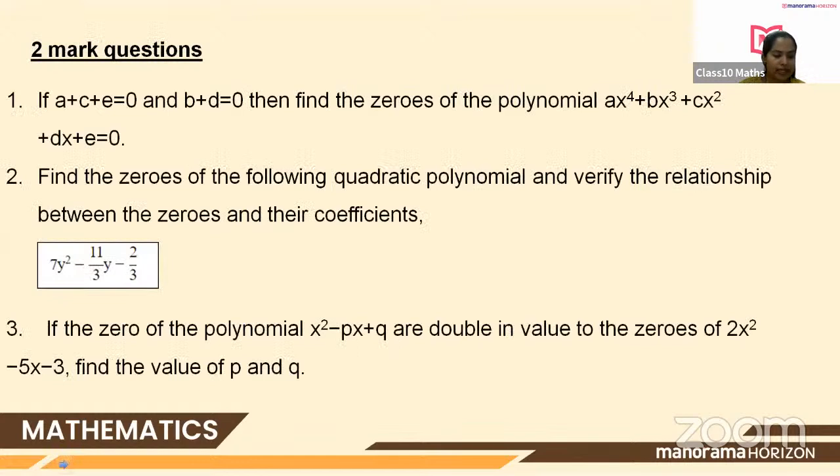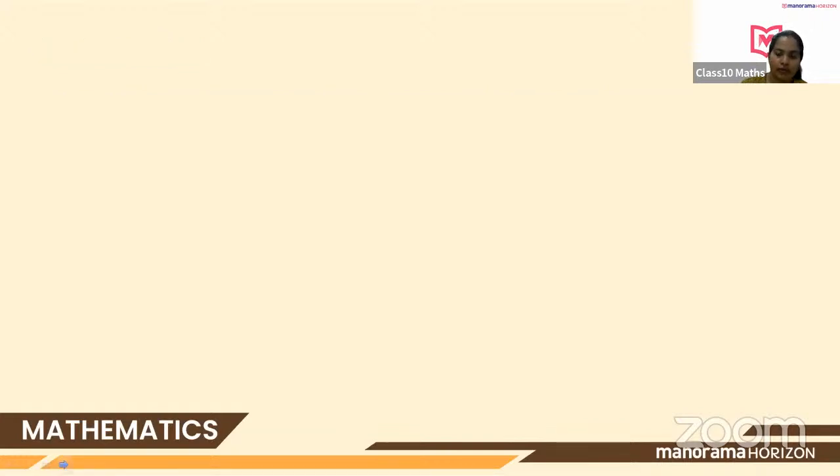If a plus c plus e is equal to 0 and b plus d is equal to 0, then find the zeros of the polynomial ax raised to 4 plus bx cube plus cx square plus dx plus e is equal to 0. Okay. So first we have to write the polynomial.